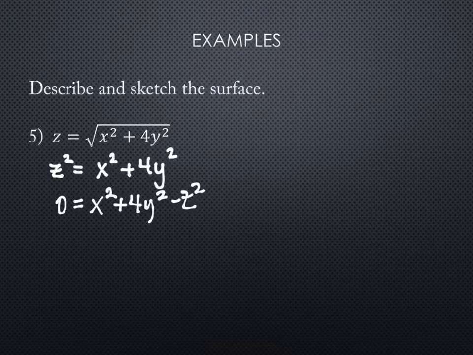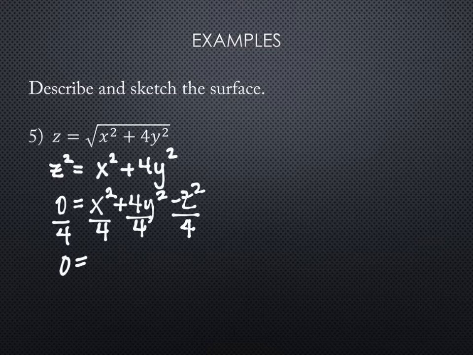And then again, I usually have coefficients that are all 1, and I potentially have denominators, so I'll divide everything by 4. So in each of these examples that you do, you're going to put them into what we would consider the standard form for these. So x squared over 4 plus y squared, and then minus z squared over 4.